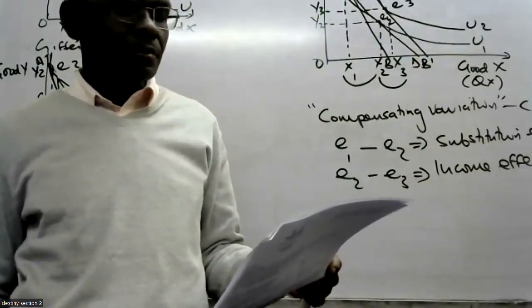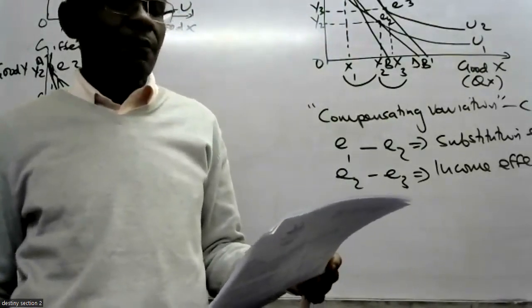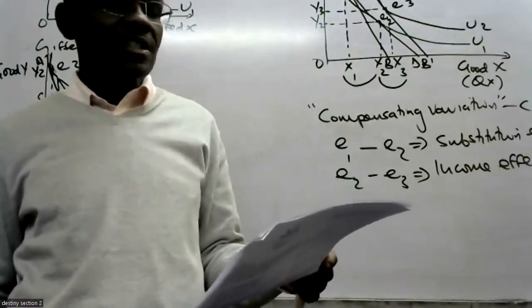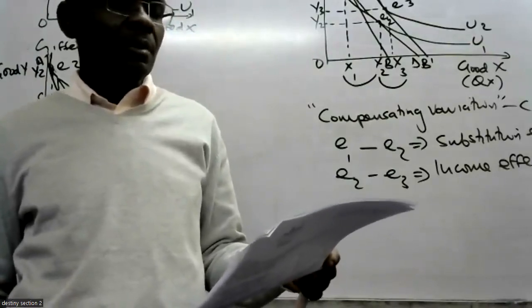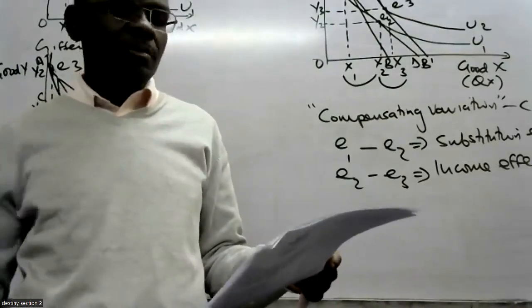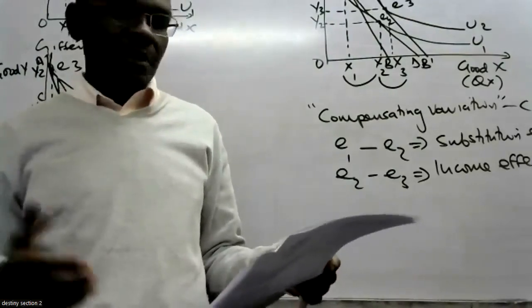However, for an inferior good, it will, after some point, begin to slope downwards from the left to the right.